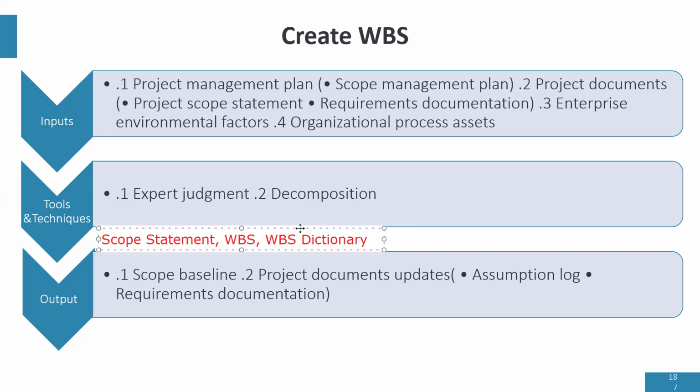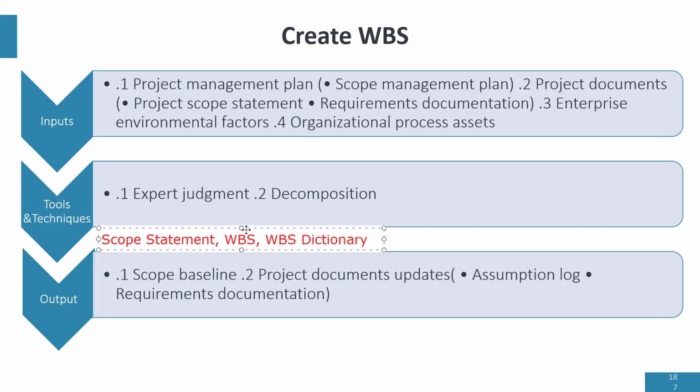Now, look at the word baseline. Anytime you create a baseline in project management, it means that you have completed planning in that knowledge area. So when you complete scope planning, there are 3 documents you must submit as your baseline: the scope statement, the work breakdown structure, which we're talking about, and the WBS dictionary.